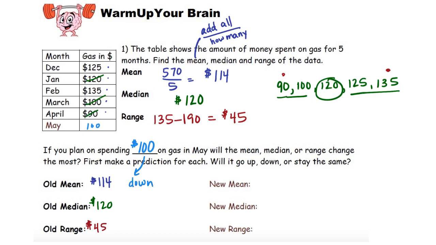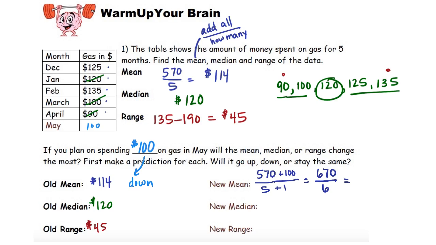And the math that we can do to actually prove that, we can steal what we have from up here, because you're required to show your division problem. So if we take our 570 for 5 months and we add the 100 for that last month, we have our new division problem. Now it's $670 for 6 months.